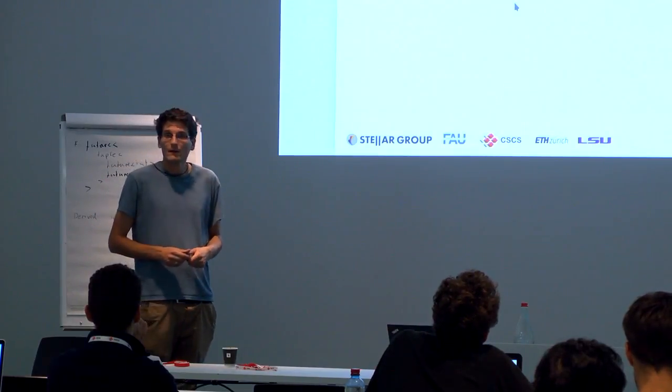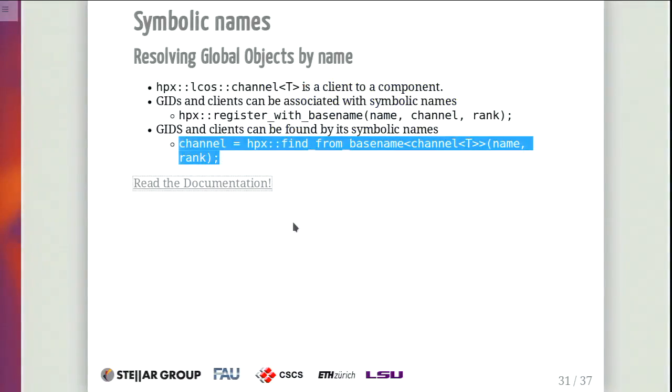The symbolic namespace, so the facility in the AGAS service that manages the symbolic names and does the resolution of the symbolic names to the actual global identifiers, is a distributed system, as well as the resolution of the ID types to the actual locality and the local virtual address.